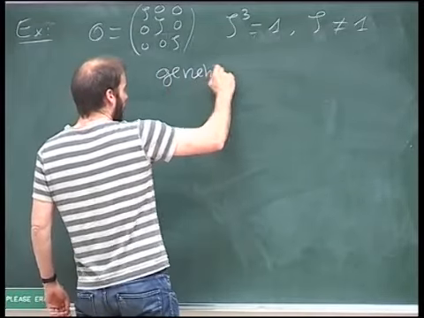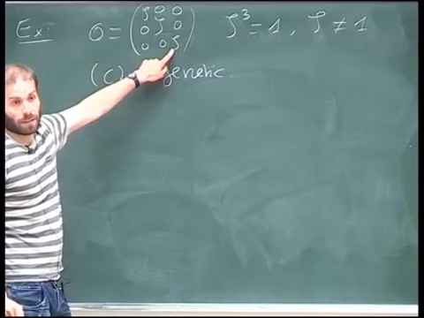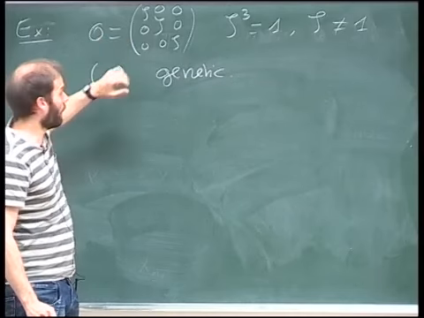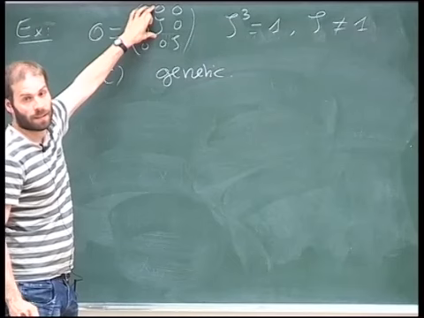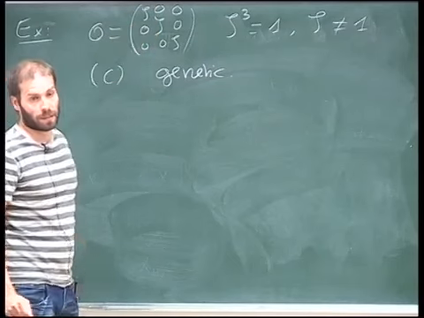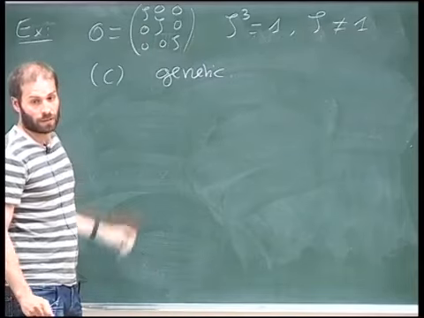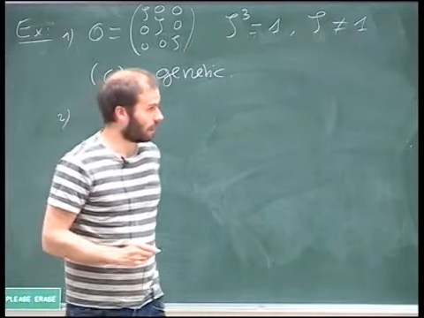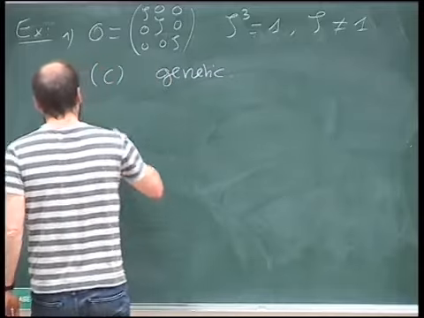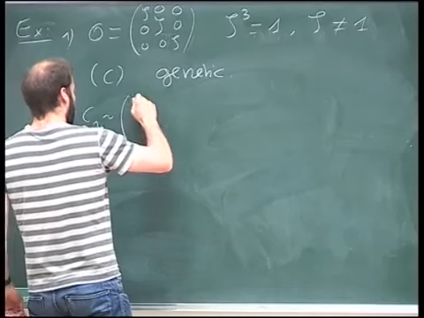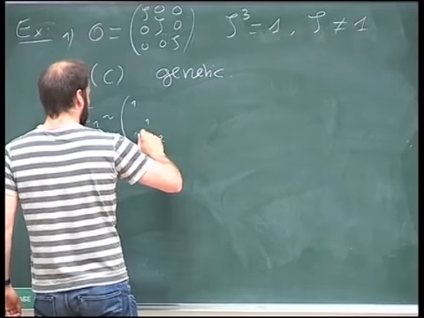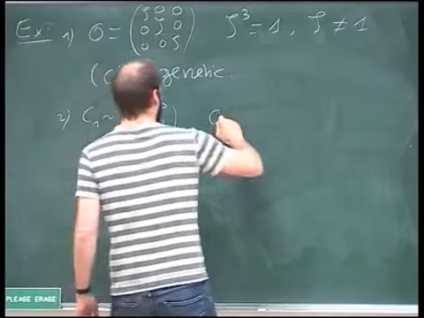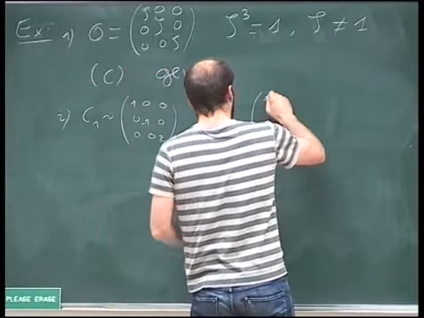Why? Because the total product of the determinant is equal to 1, but if I take any subspace stable by some element there, then the partial product of the eigenvalues will not be equal to 1. So in that case, this is what we call generic. It's very easy to construct generic conjugacy classes. Here is another example: if C1 is conjugate to, say, diag(-1, 2), and C2 is conjugate to, say, diag(1, 1).